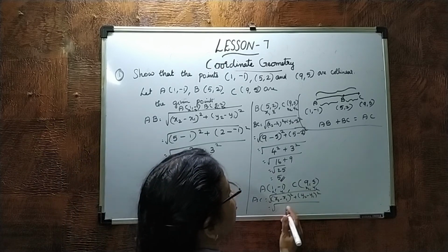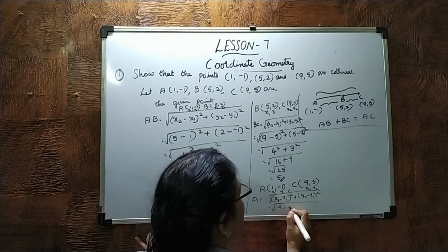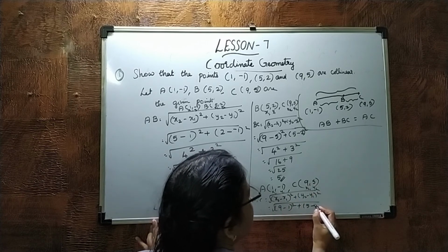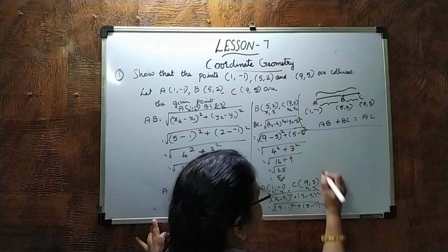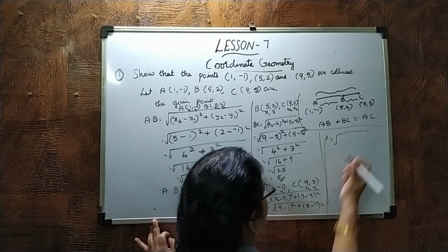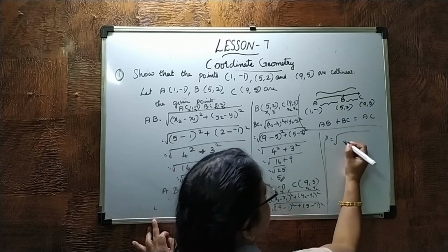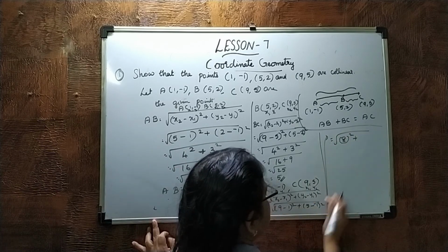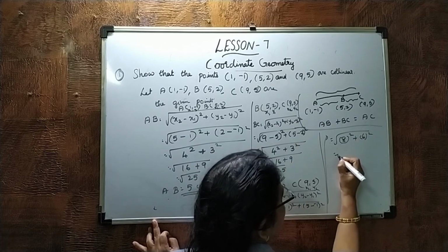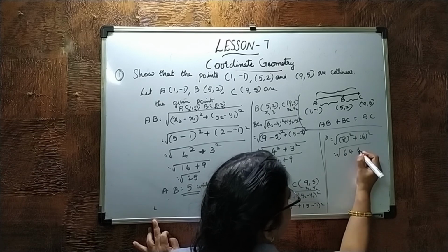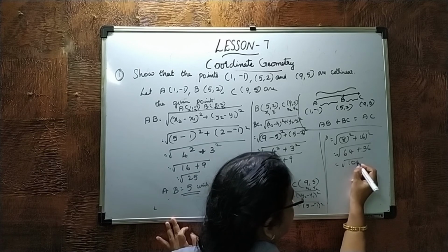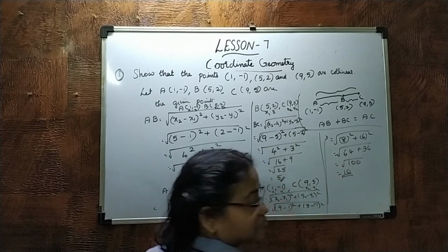That is root of (9 minus 1), 8 square, plus (5 minus -1), 6 square. That means 64 plus 36, which is 100. So you will get the answer 10.